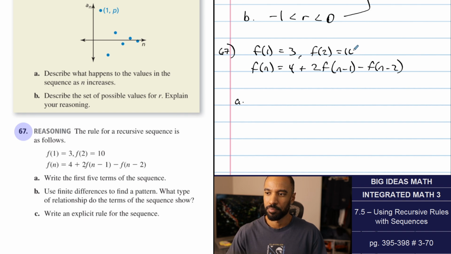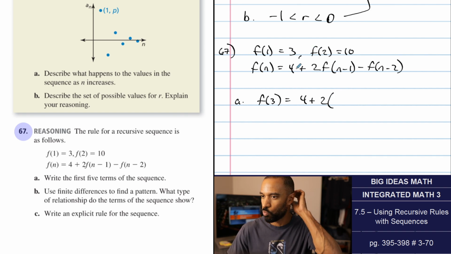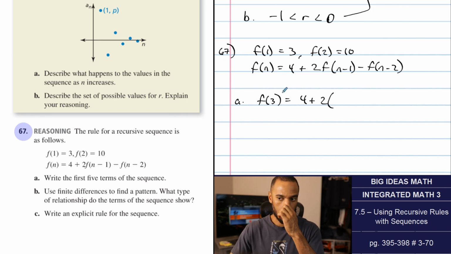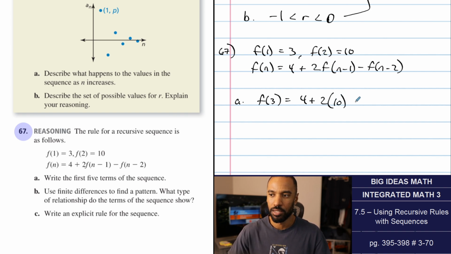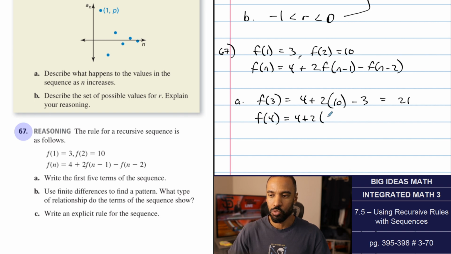This was a 10, right? Okay, f of 3 is going to be 4 plus 2 times f of n minus 1. F of n minus 1 is not f of 1. It's the one right before it. So f of 2, which is 10, minus f of 1, which is 3. 4 plus 20 is 24, minus 3 is 21. F of 4 is going to be 4 plus 2 times 21 minus 10.